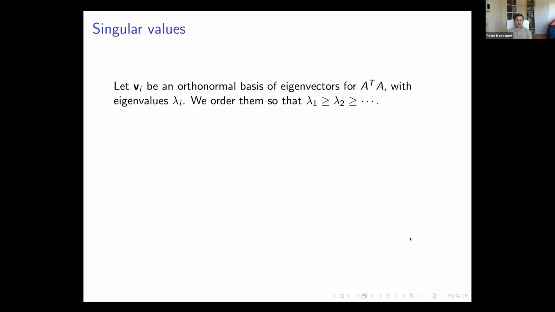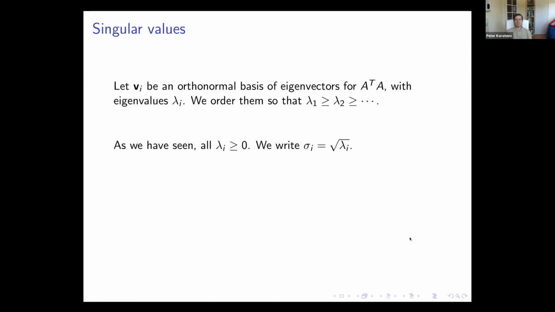Next story is singular values. So let V_i be an orthonormal basis of eigenvectors for A transpose A with eigenvalues lambda_i. We can order them so that lambda 1 is greater or equal to lambda 2, greater or equal to, and so on. And as we know, they're all non-negative, right, because it's a symmetric non-negative matrix.